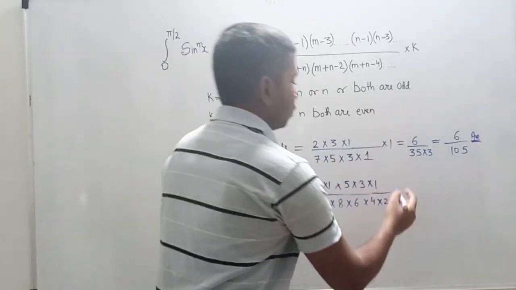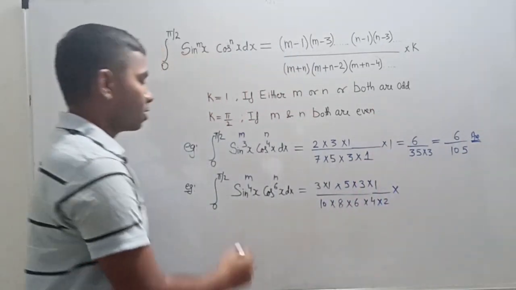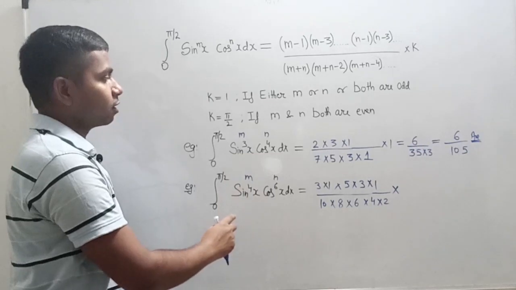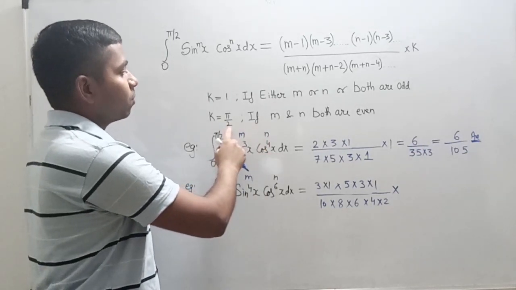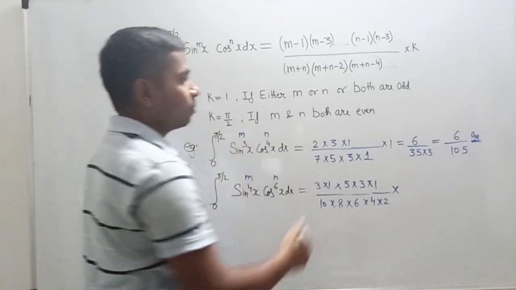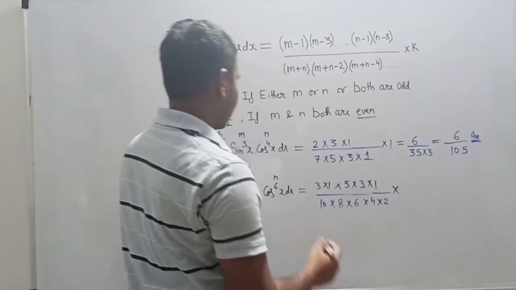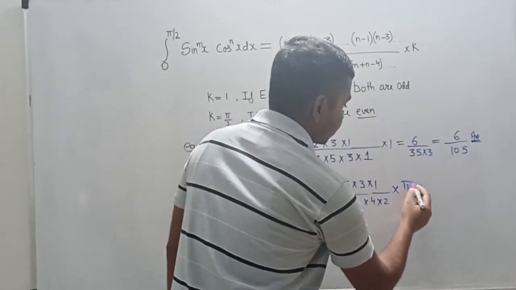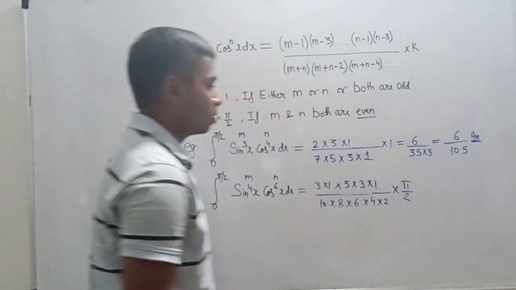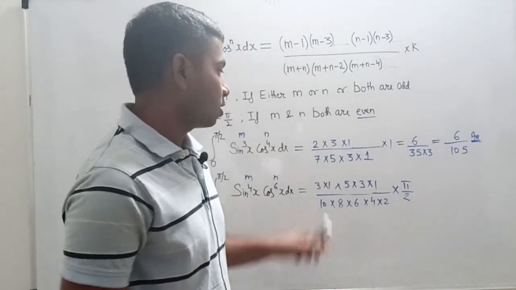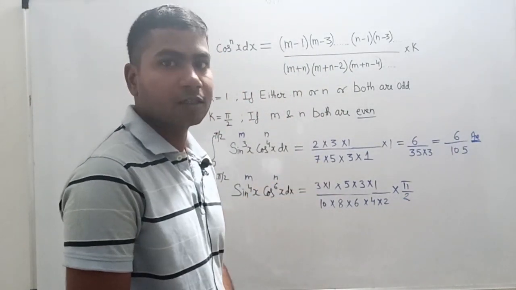And for the k value, in this case both 4 and 6 are even numbers, and I had written k is equal to pi by 2 if both m and n are even numbers. So you can see here, the k value will be pi by 2. If you multiply all these values, you will get your answer easily.